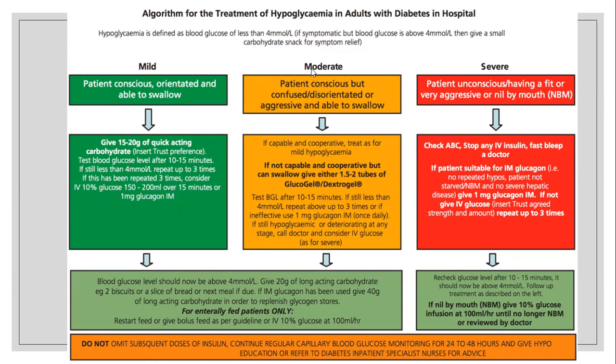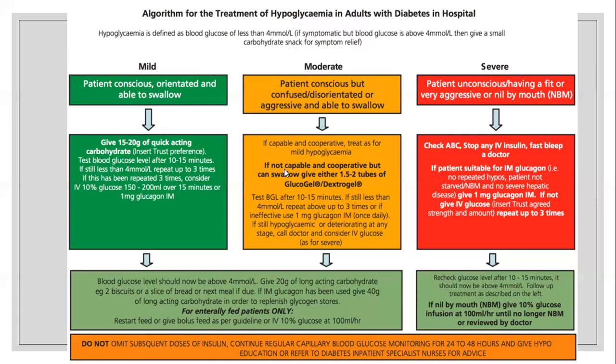If my patient has moderate hypoglycemia, the patient is conscious but confused, disoriented, or aggressive, and able to swallow. So if capable and cooperative, treat as for mild hypoglycemia.